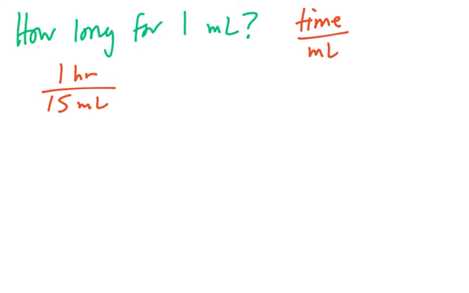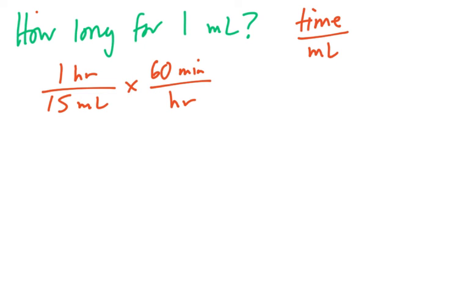So that's probably not the best or most appropriate units. Let's see if maybe minutes would be better, right? And so instead of hours per milliliter, how many minutes per milliliter? And so there we can say 60 minutes per hour.